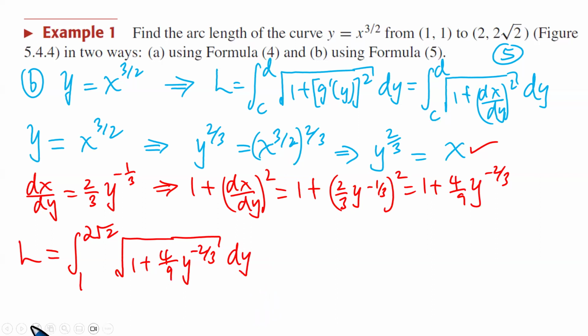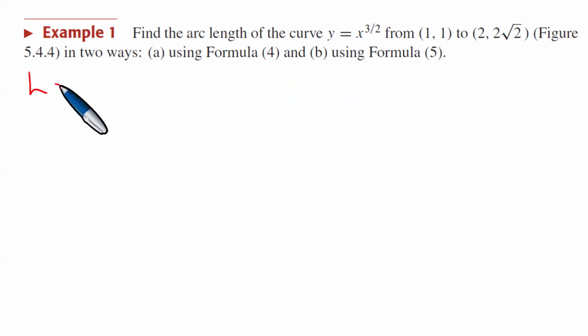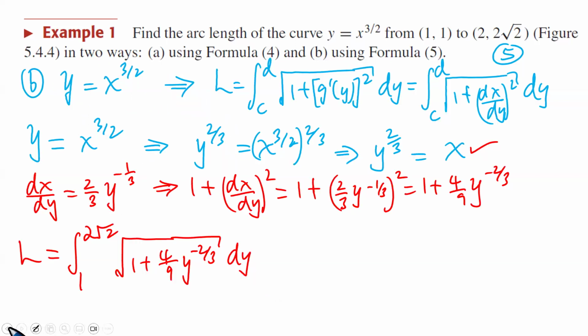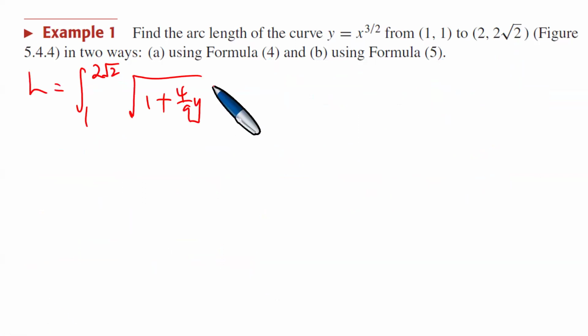So now we have this one here and need to compute it. The integral from 1 to 2 square root of 2, the square root of 1 plus 4/9 y to the power minus 2/3 dy.